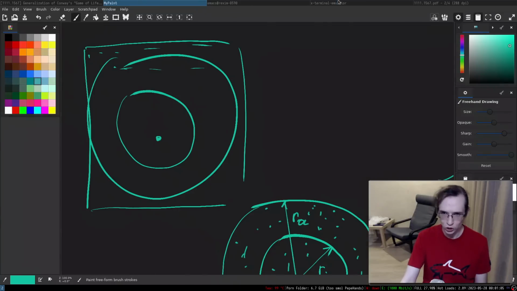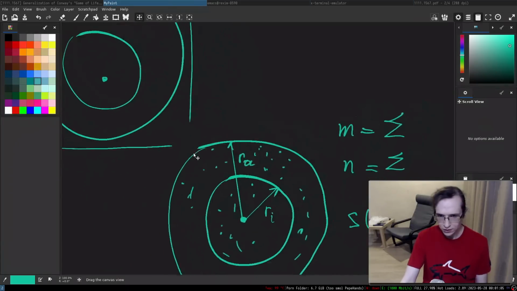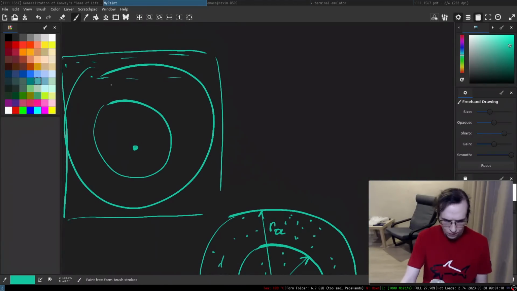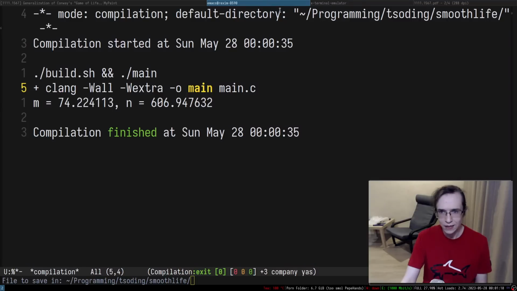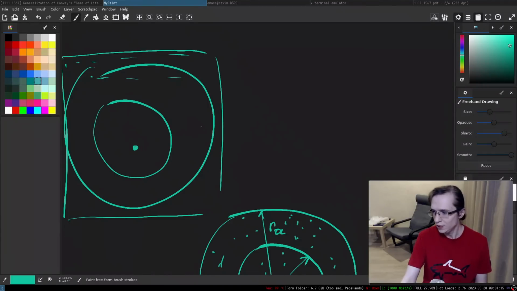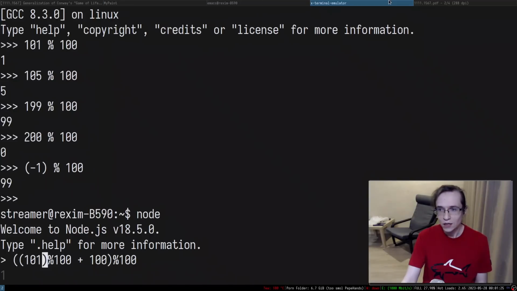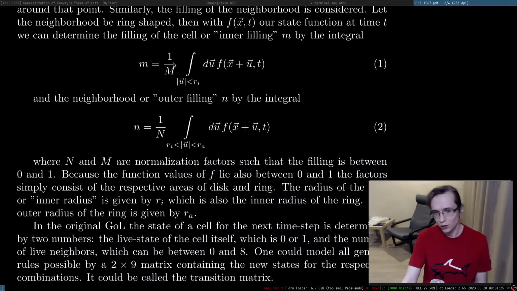How can we even achieve this kind of stuff? So essentially, m is going to be equal to 1 when each individual point within the inner circle is going to be equal to 1. So that means m is the area of the inner circle.